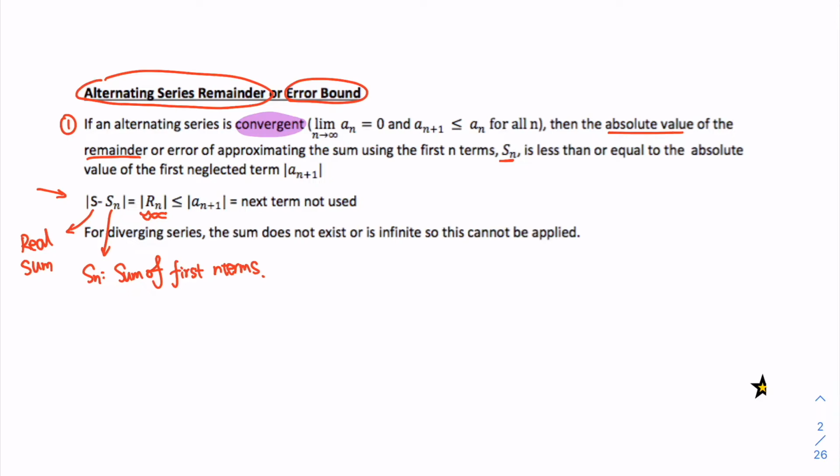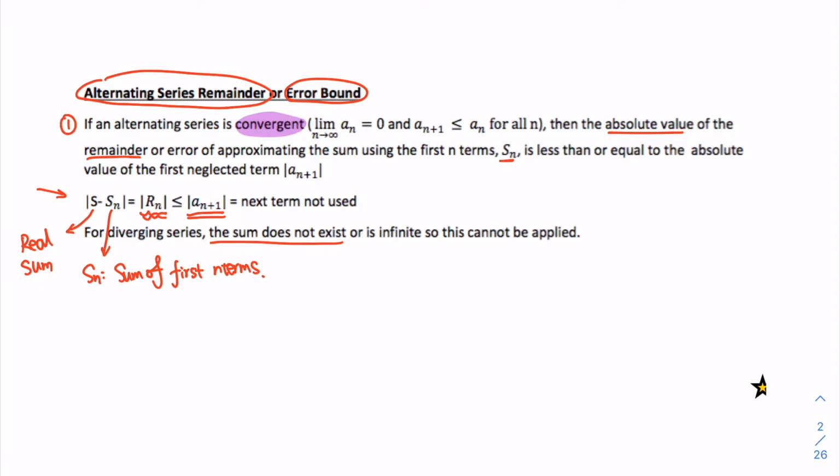And the remainder is less than or equal to the next given term, a_(n+1). This is what the whole sentence means. If a series diverges, the sum doesn't even exist, so we don't apply this theorem. We cannot approximate the series.